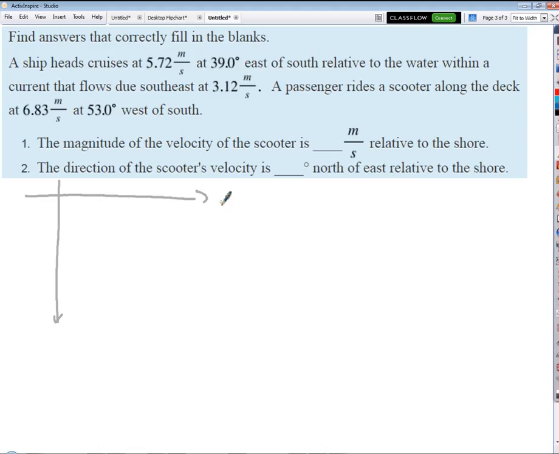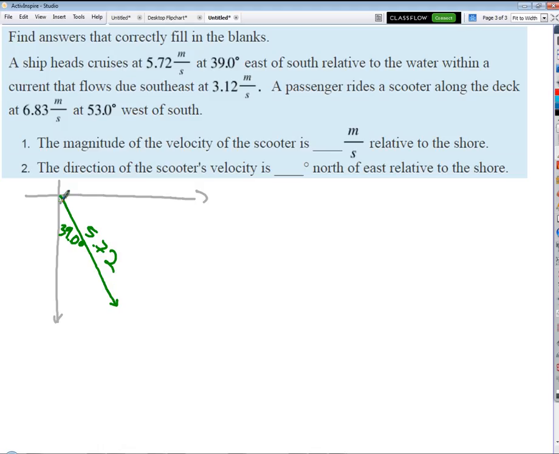I'm going to start south and swing east. Everybody agree that's my angle, right there, 39.0 degrees? And the magnitude is 5.72. We need to break that up into components.